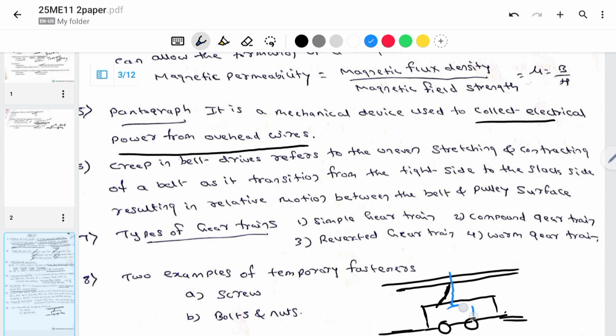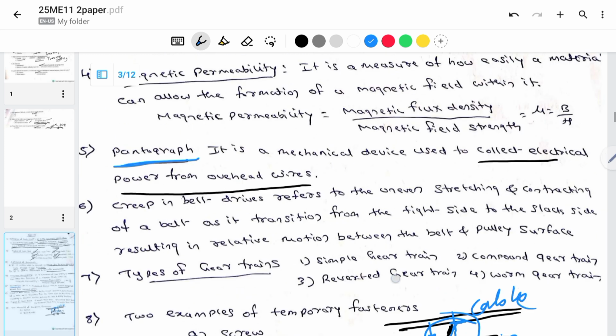So this is a train, this is a cable. This device automatically, when the train stops at the platform, will get down and as it touches the wire, it will start transmitting the power to the train. Automatically it will move up and down. So this device is called a pantograph. Okay.